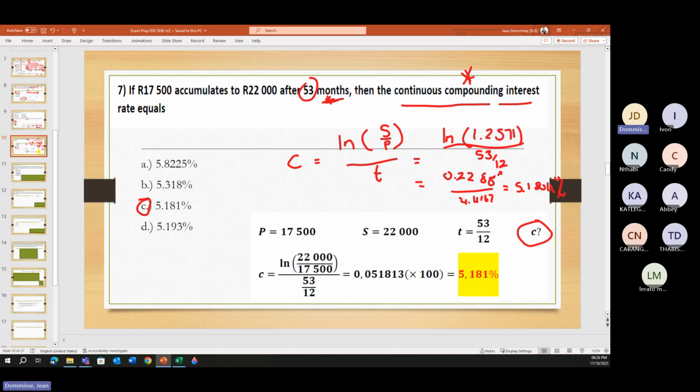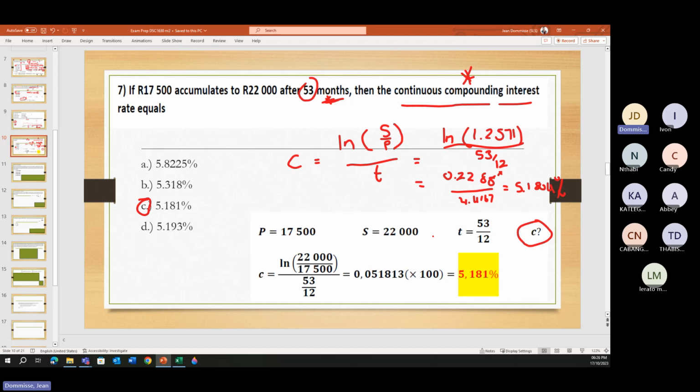Okay, so again, there will be something on continuous compounding in your exam. What I have just seen, nearly first time that I really see, is that they ask you to work out the interest rate. Normally, you will get the interest rate and you need to work out one of the other ones.